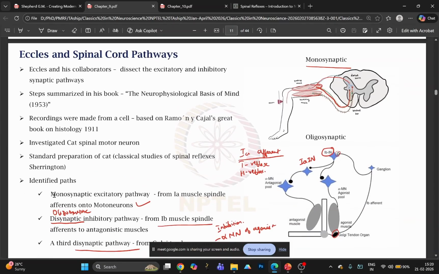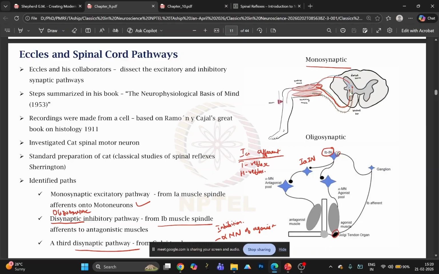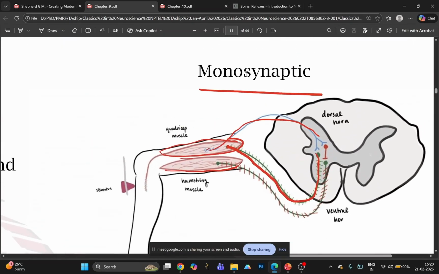So there is a monosynaptic excitatory pathway from the 1A sensory neurons in the muscle spindle of the quadriceps muscle to the motor neurons in the spinal cord. There is a synapse here, right? Monosynaptic means that there is a single synapse. So this 1A sensory neuron is synapsing only with these motor neurons. And when it synapses, it's an excitatory pathway, right?